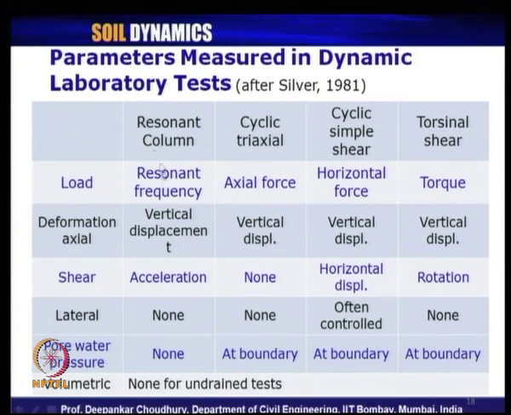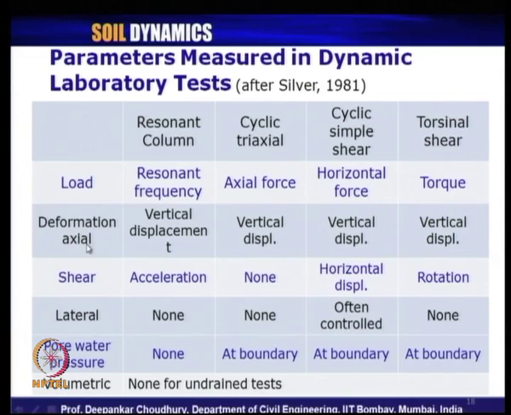So, for load, in resonant column test, we measure the resonant frequency. In cyclic triaxial test, we measure the cyclic axial load provided. In cyclic simple shear test, we measure the cyclic horizontal force applied, and in cyclic torsional shear test, we measure the cyclic torque applied to the system.